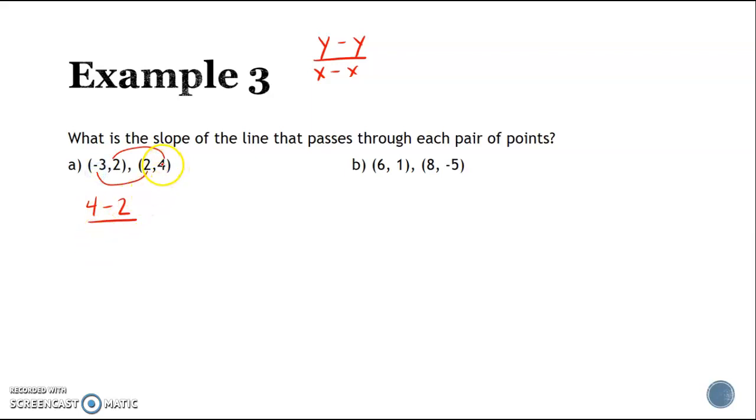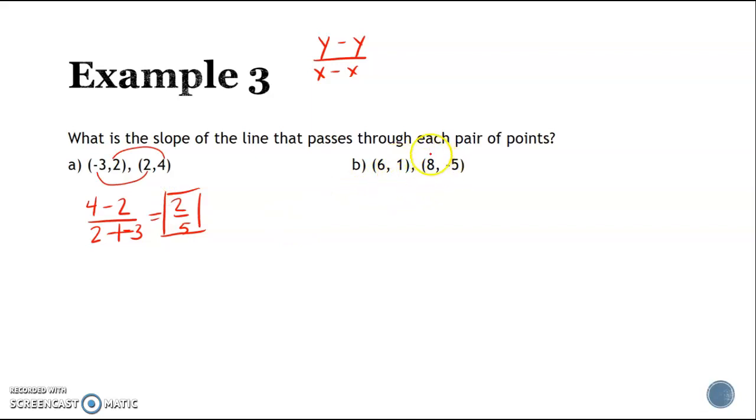Because I chose the 4 first, I've got to choose the 2. 2 minus a negative 3. Because I chose the 4 to subtract the 2, I have to choose the x from that same point, so that we end up with our 2 comma 4 right here. So 4 minus 2 is 2, and 2 minus a negative 3 becomes 2 plus 3, which is 5. And so our answer for A is 2/5.